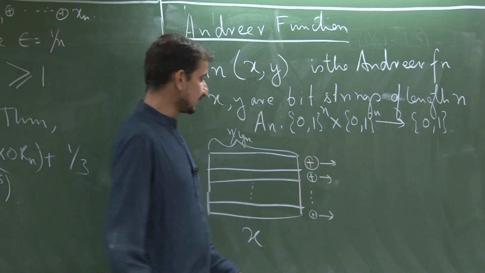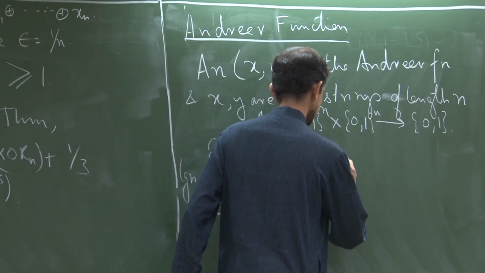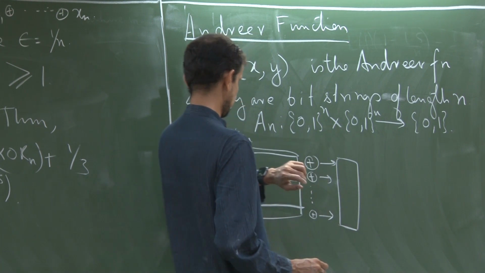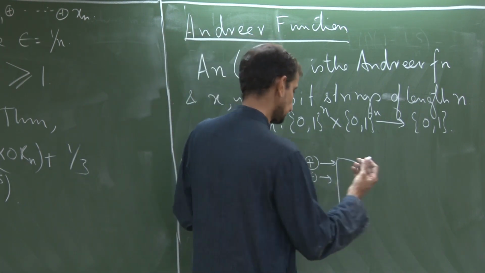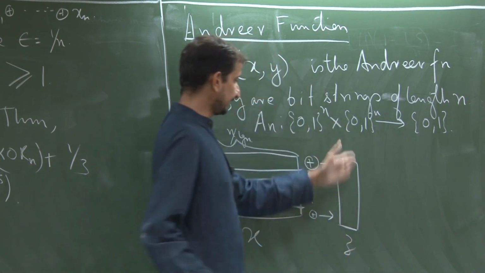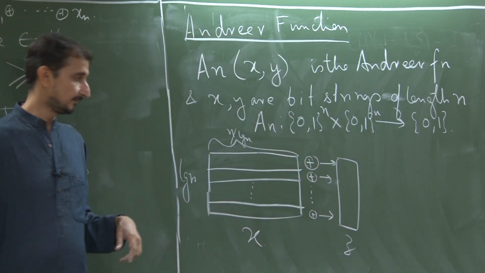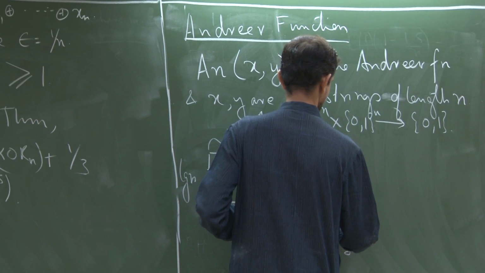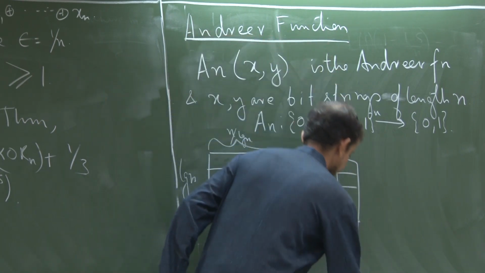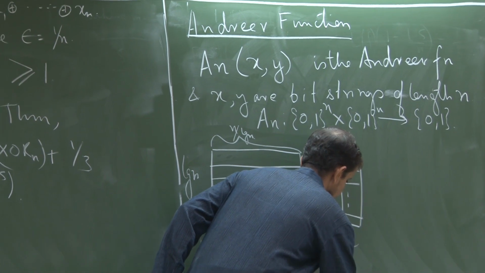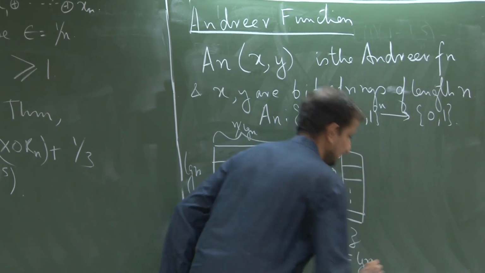What does that give us? Let us say that gives us some string, let us call it z, and the length of this string is log n.